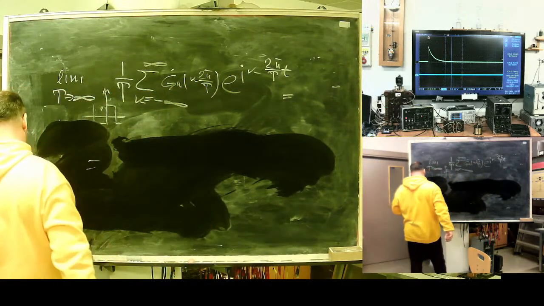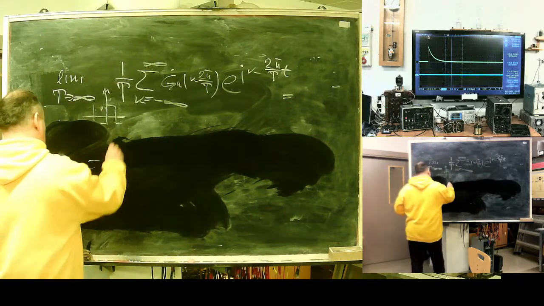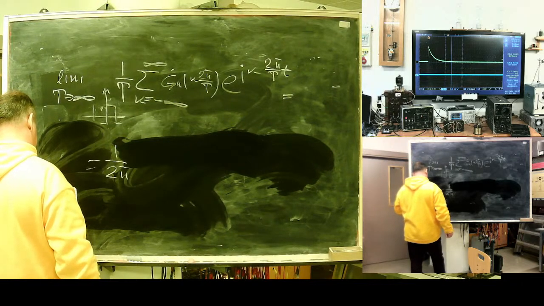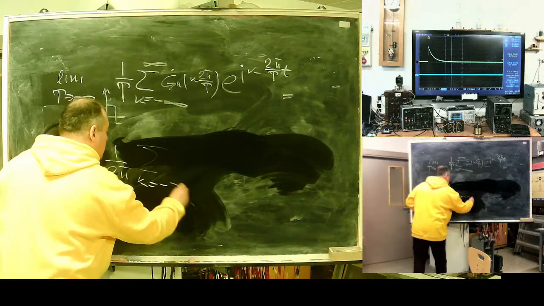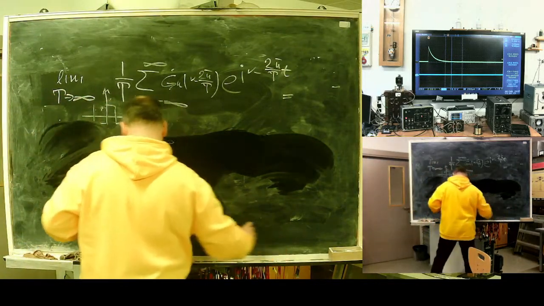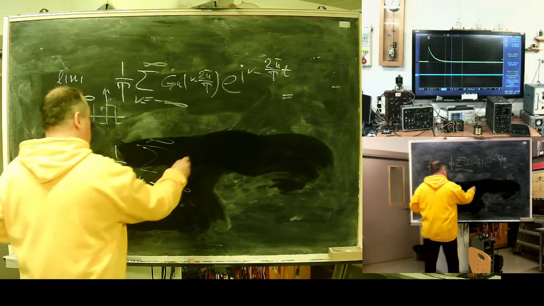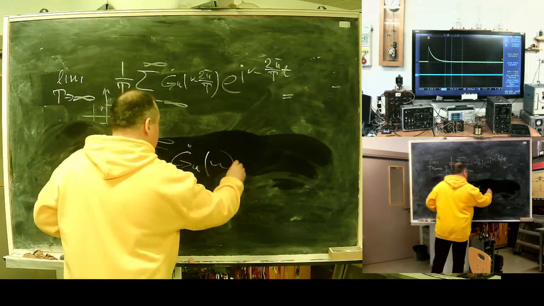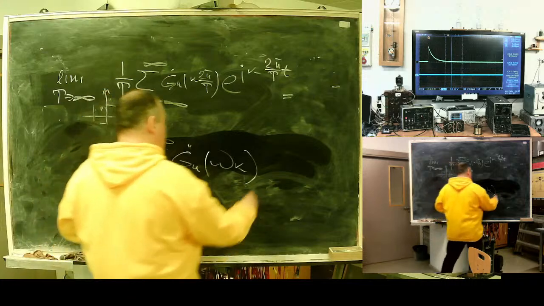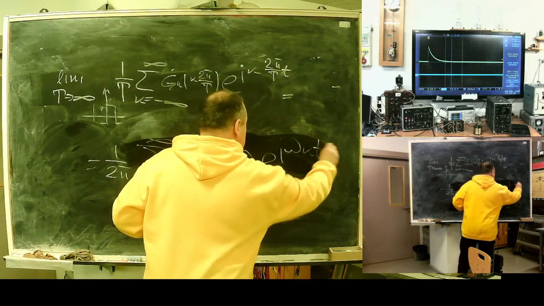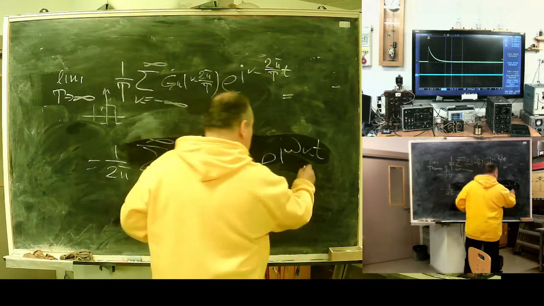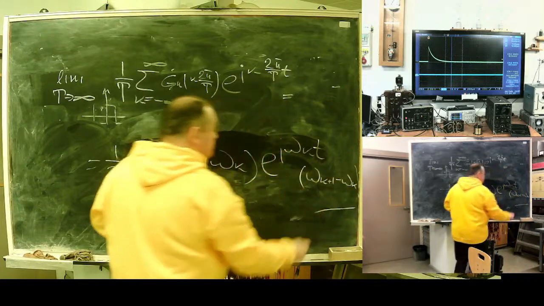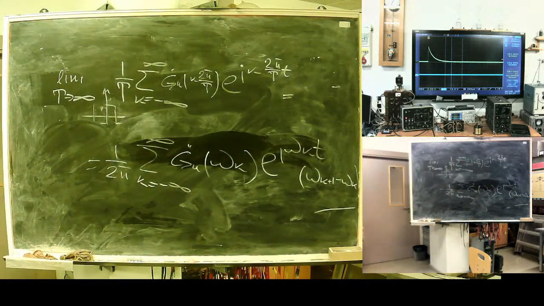Fine. What can I write here? I can write that it's equal to 1 divided by 2 pi, sum from minus infinity to infinity of the values of the spectral function at frequency omega k, e to the power j omega t, multiplied by this space, the distance between spectral lines.